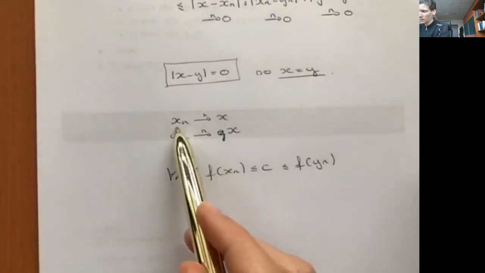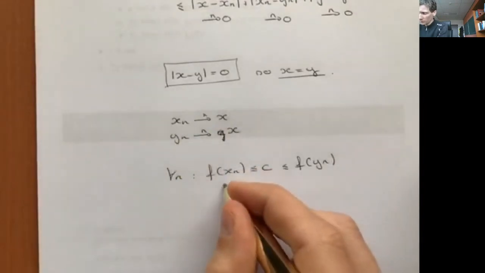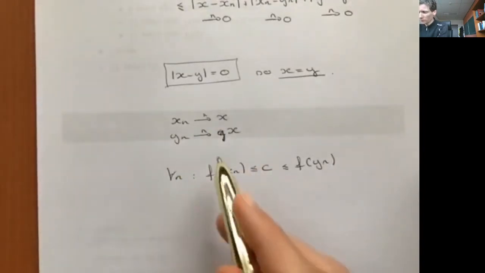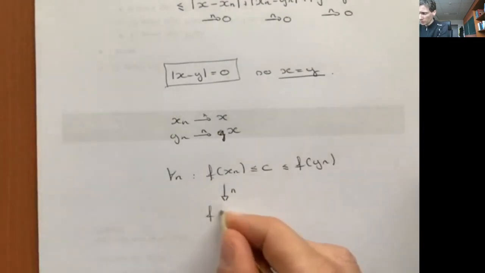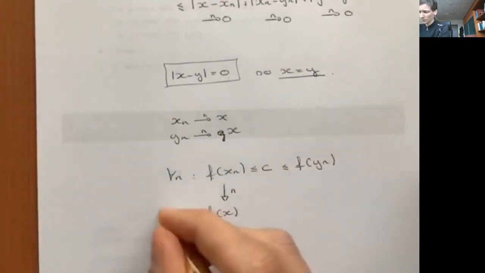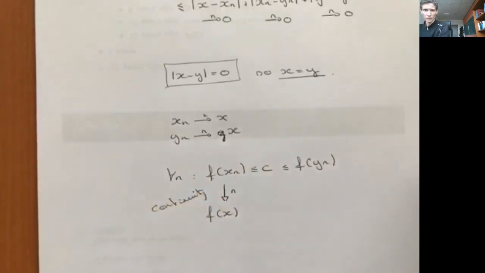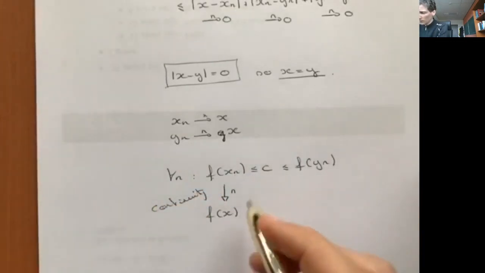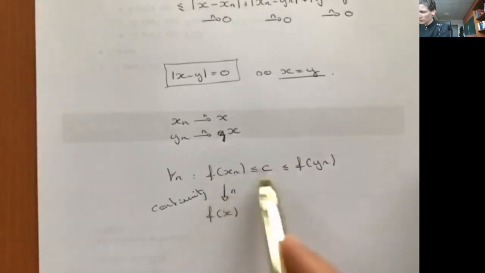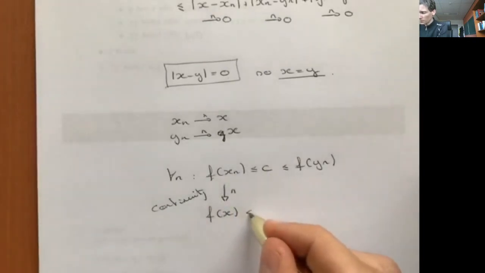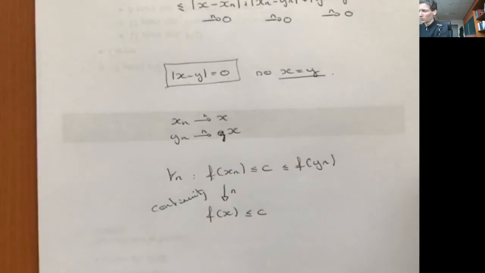Now xn converges to x, so by continuity of the function f, we know that f of xn converges to f of x. So this uses continuity. Because every term in the sequence is below c, in the limit they should also be below c.